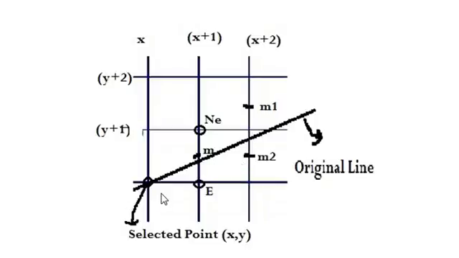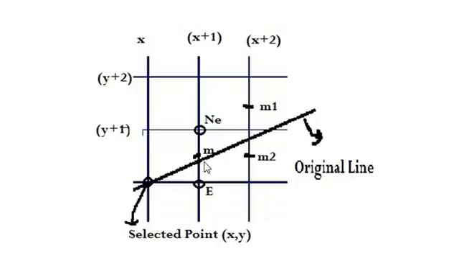So this is the selected point. To choose northeast or E, we calculate the position of the midpoint, whether it comes above or below. For that we use the line equation and check whether this point comes above or below.